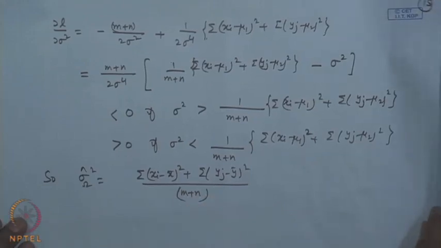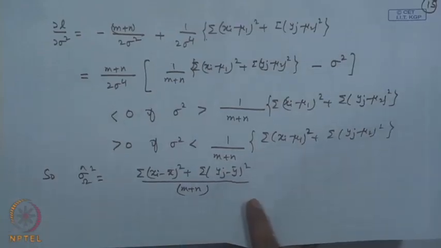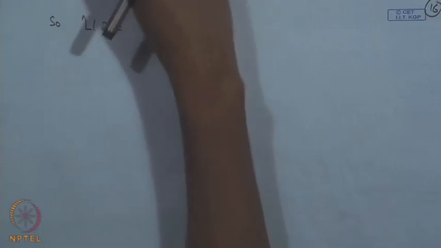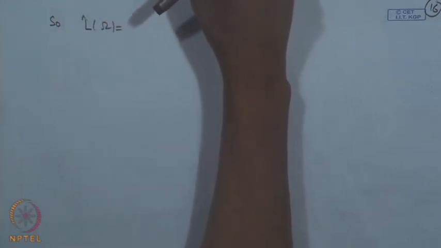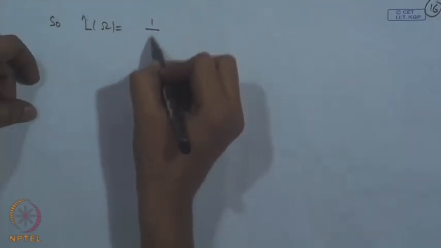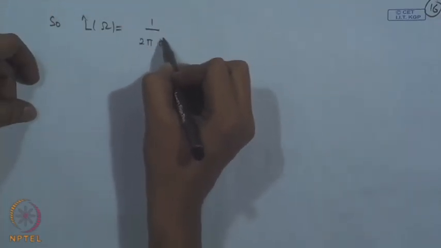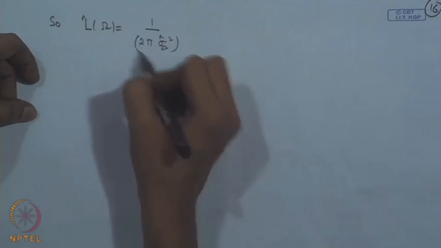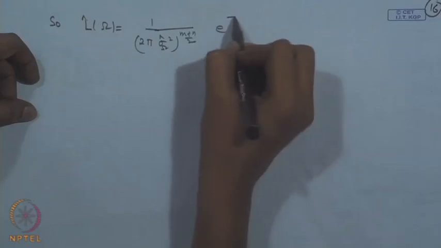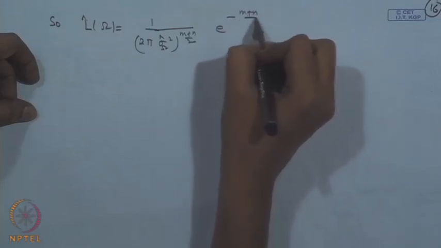So, if we consider L hat omega, L hat omega is equal to 1 by 2 pi sigma hat omega square to the power m plus n by 2, e to the power minus m plus n by 2.